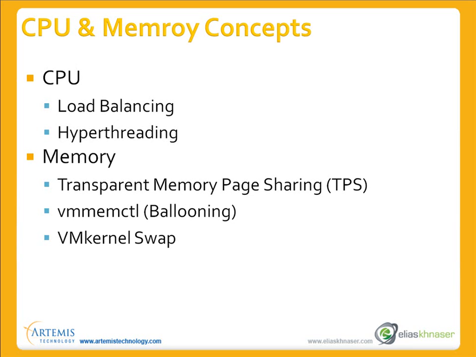So we're going to talk about the transparent memory page sharing. We're also going to be talking about the VMmem CTL driver, or in other words, it's called ballooning, and we're going to get into detail about that. And we're also going to be talking about the VM kernel swap file, which I'm sure you guys are familiar with the concept of a swap file, but we're going to get into detail about that as well. So let's kick it off with the CPU load balancing.